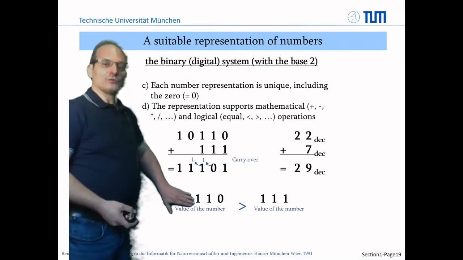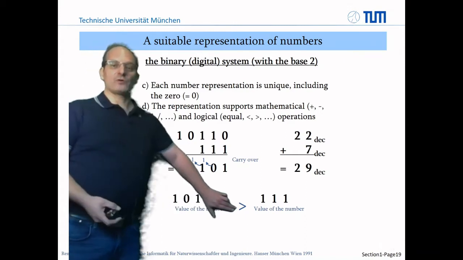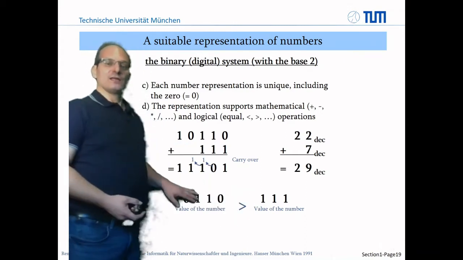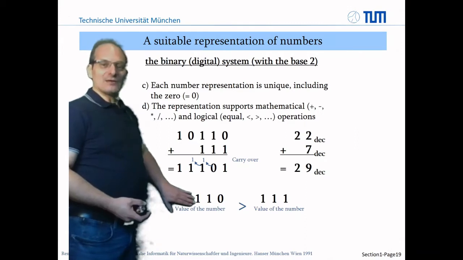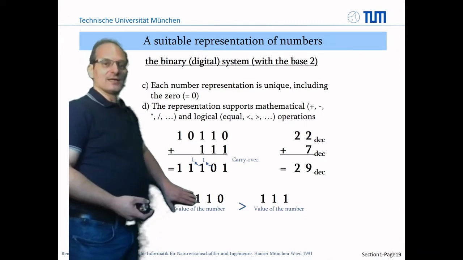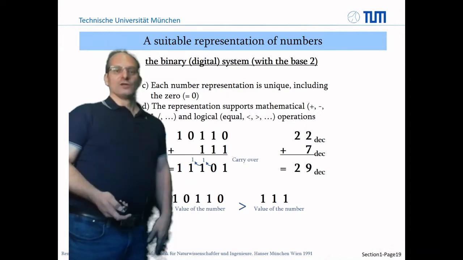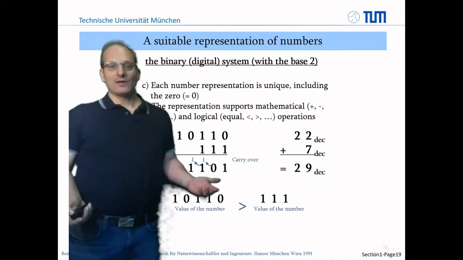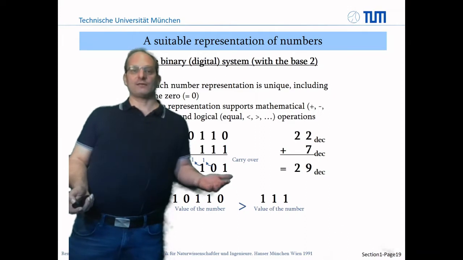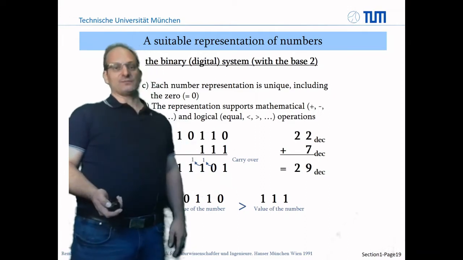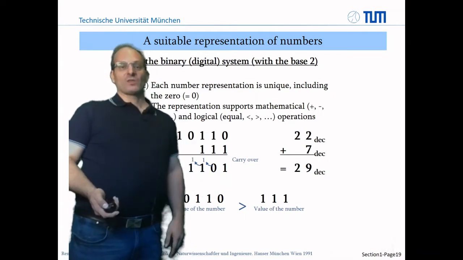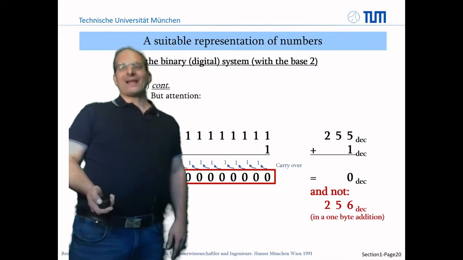If you have this comparison, you always compare this number with this number, and then you see which number is greater if the position is filled or not. So exactly the same as with the base 10 system, the decimal system. So what else do we have?